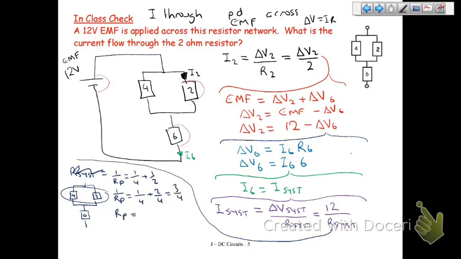RP is equal to 4 over 3. That's 4 over 3, and that's 6. R series is equal to 6 plus 4 over 3, which equals 22 over 3 ohms.